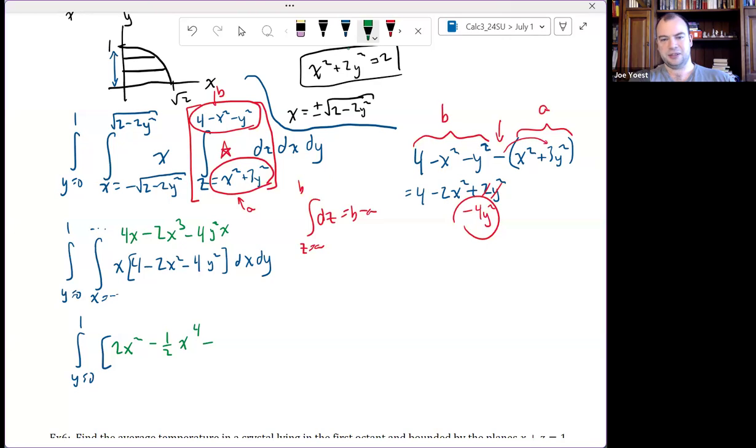And then minus 2y squared, x squared, x going from minus square root of 2 minus 2y squared to plus square root of 2 minus 2y squared. Okay.